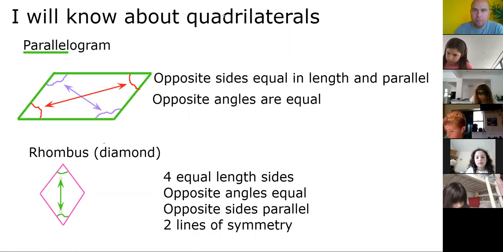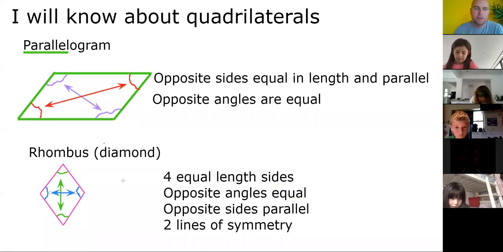And this one, this obtuse angle, oh, my drawing's getting good. This one and this one are the same.